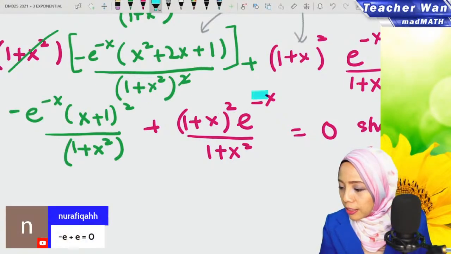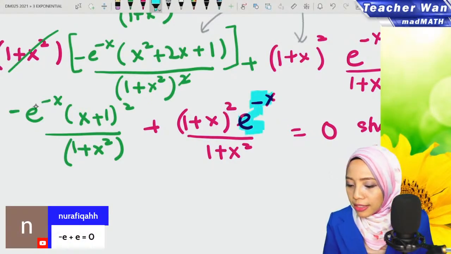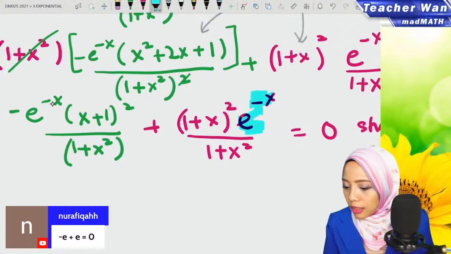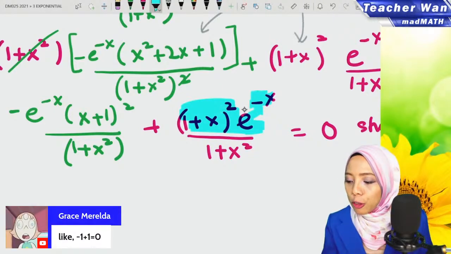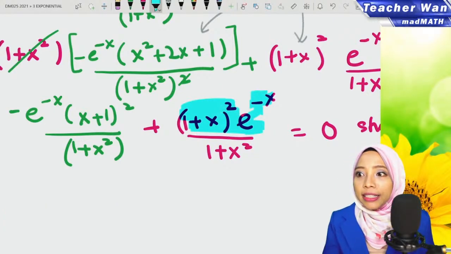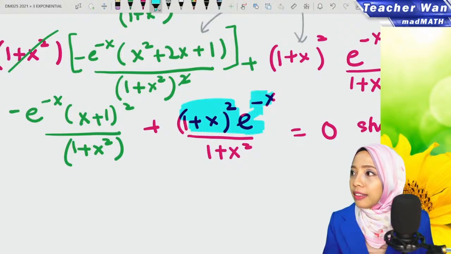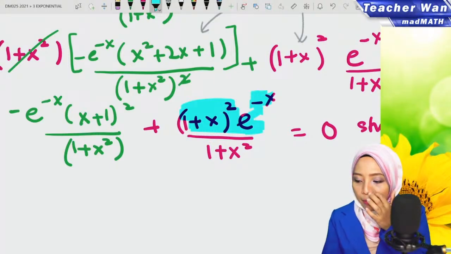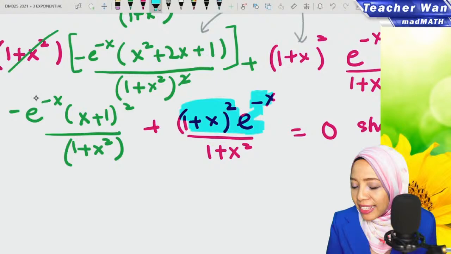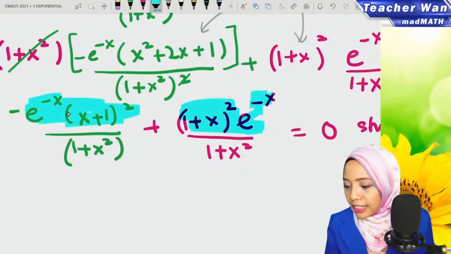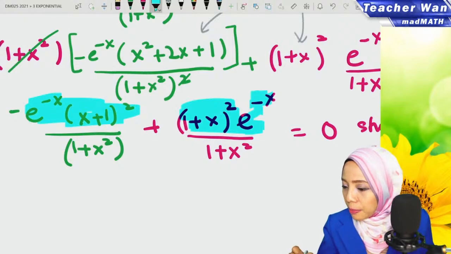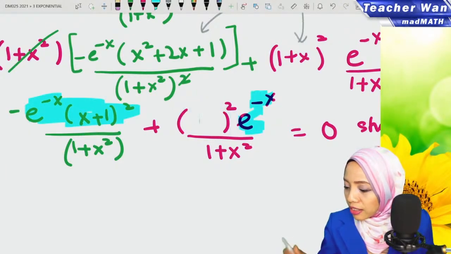Do you see this? This is e negative x. Okay, for example, this is your u. And then this is negative u. This one and this one are the same. If you don't see it's the same, I make it the same: this 1 plus x, I write as x plus 1.